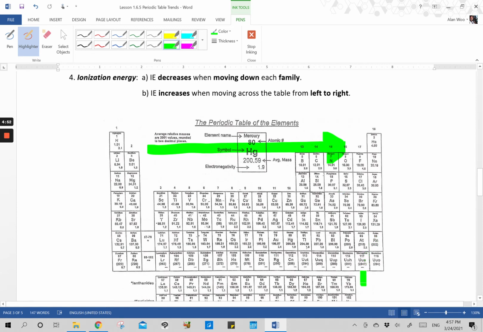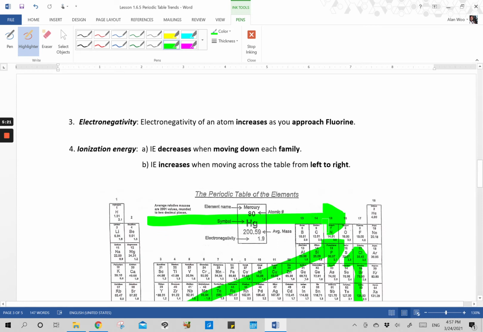Electronegativity also increases when you move up a family or group. So when you move up a family or group, electronegativity will increase, but the major trend is as you approach fluorine from any direction on the periodic table. So if I start at francium going towards fluorine, I would see an increase in electronegativity.